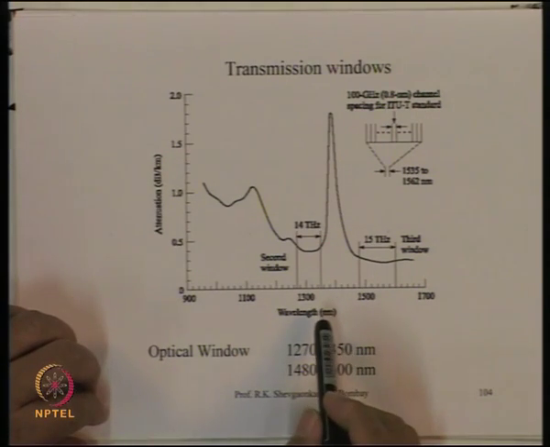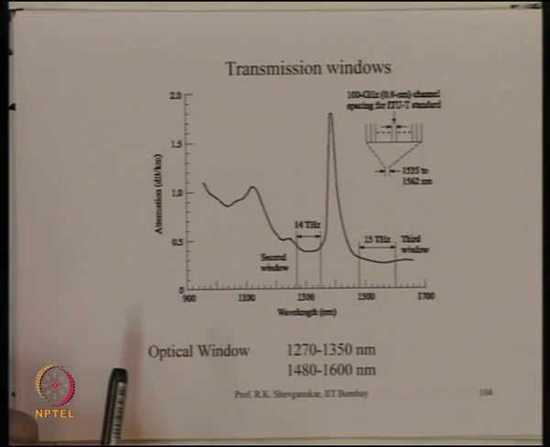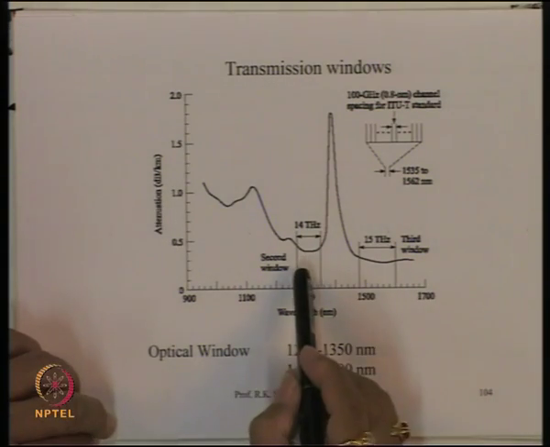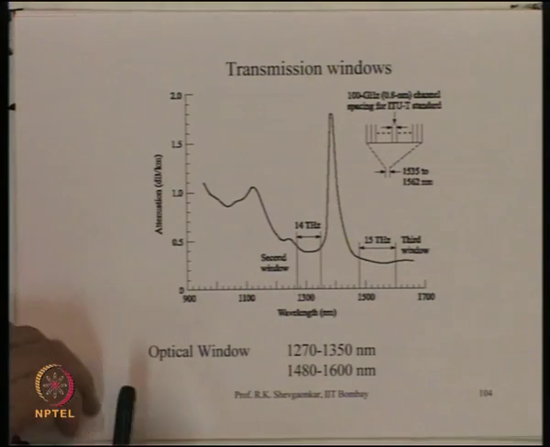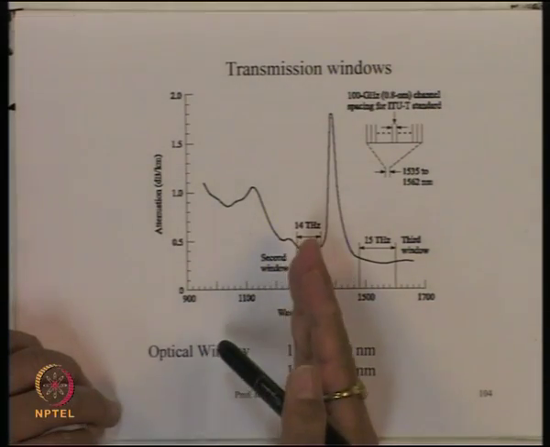Now initially, when the systems were designed, they operated in the 1310 nanometer window, and you may recall that this was the window because the dispersion was very low in this window. The material dispersion goes to 0 around 1270 nanometer.